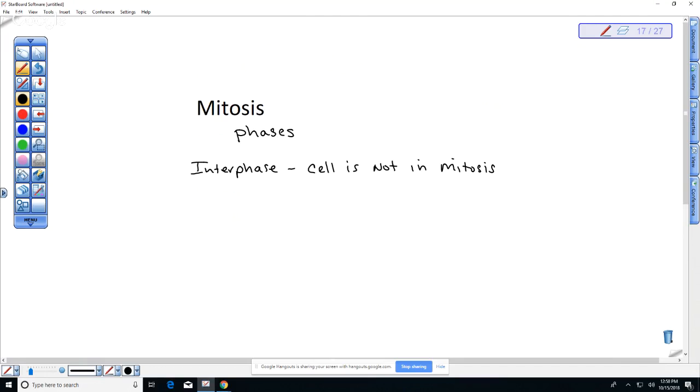So the first phase of mitosis, I'll put mitosis here again just to clarify, is prophase. So pro means first or before. So this is where the chromatin condenses into chromosomes. The chromatin is just a loosely wound, string-like substance, and it condenses into chromosomes.